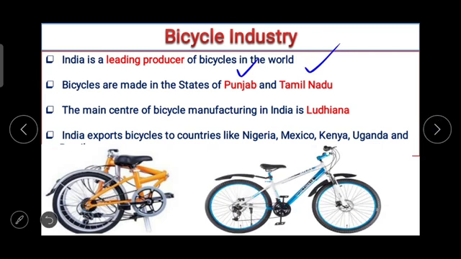The main center of bicycle manufacturing in India is Ludhiana. India exports bicycles to countries like Nigeria, Mexico, Kenya, Uganda and Brazil. So we can say that the bicycles of India are famous in the world, and we are a leading producer of bicycles in the world.